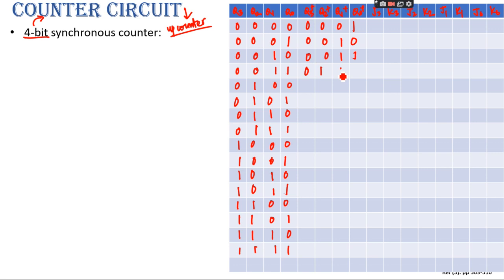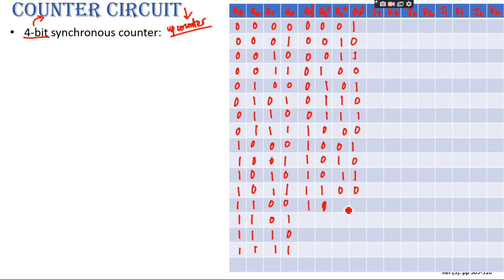After 3 it should be 4, after 4 it should be 5, after 5 it should be 6, after 6 it should be 7, after 7 it should be 8, after 8 it should be 9, after 9 it should be 10, after 10 it should be 11, after 11 it should be 12, after 12 it should be 13. After 13 it should be 14. After 14 it should be 15, and after 15 it should return back to 0, right?